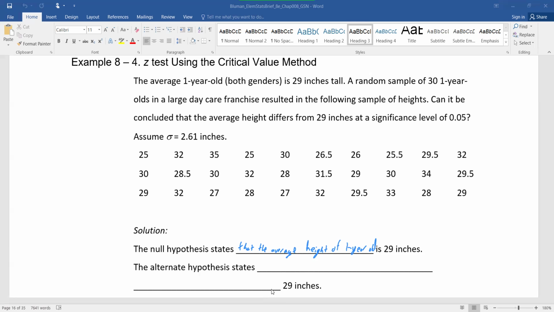So the alternative hypothesis states that the average height of 1-year-olds is not 29 inches, or differs from 29 inches. Anything along those lines.